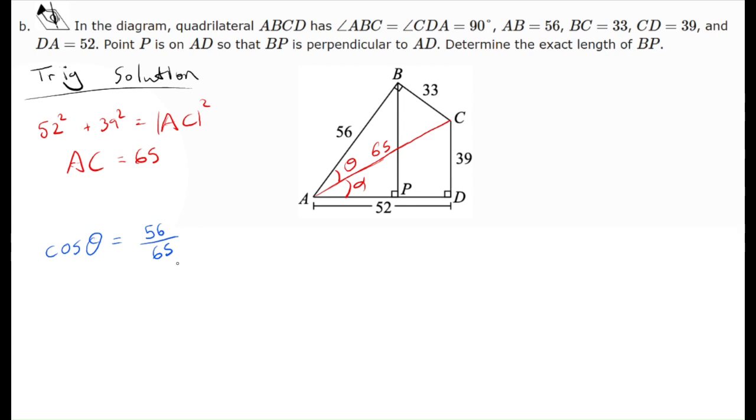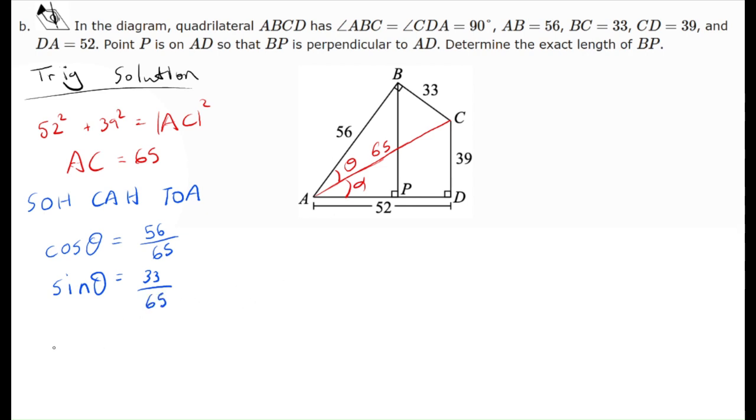You might have heard of SOHCAHTOA. This is just the mnemonic device we use to memorize all the ratios in trig for right triangles. But obviously it's not the best way to understand trig. Cos theta equals 56 over 65, and we have that sine theta is 33 over 65.